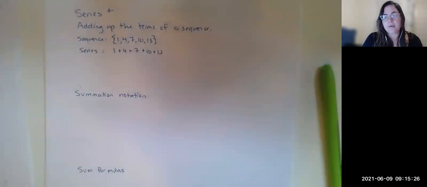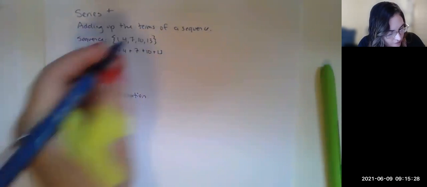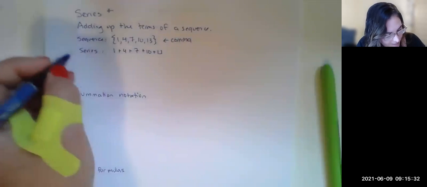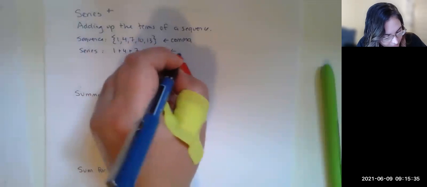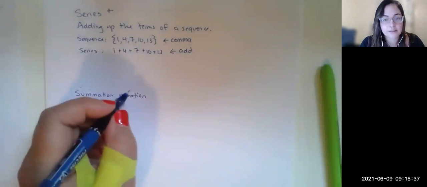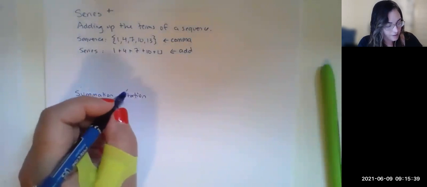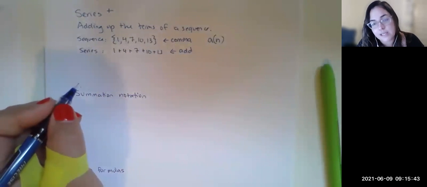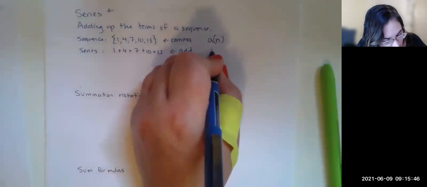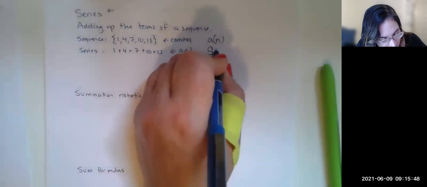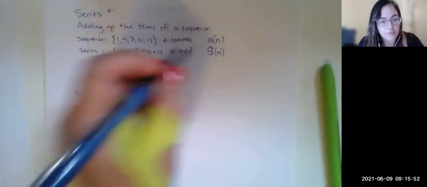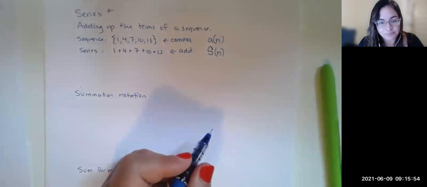A sequence just lists the terms with commas, and with a series we have plus signs. With a sequence, we typically use a of n, and with a series, we typically use S sub n, or summation notation, which I'm going to get into in a little bit.